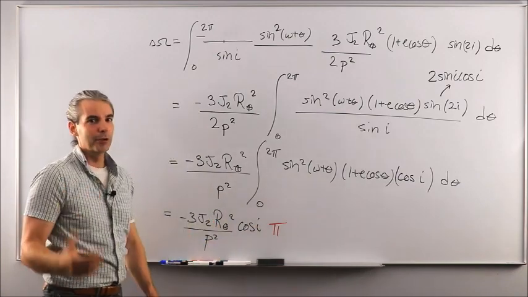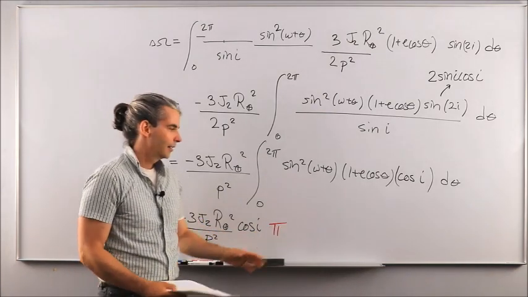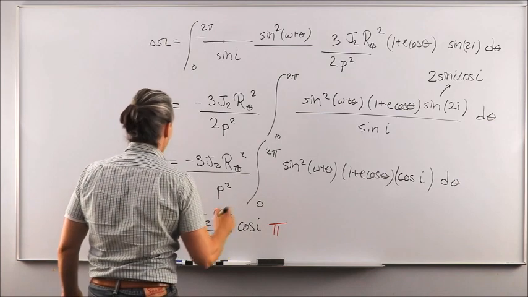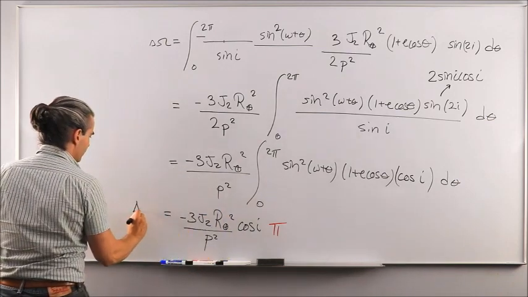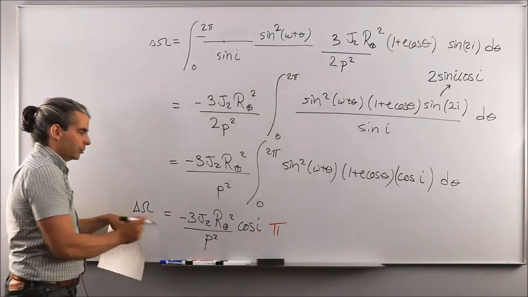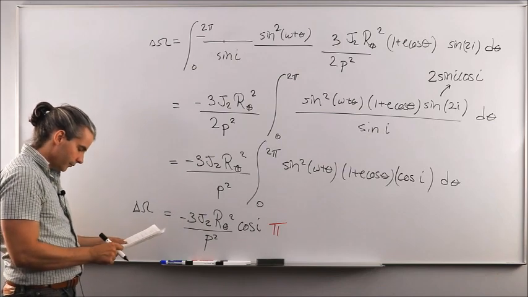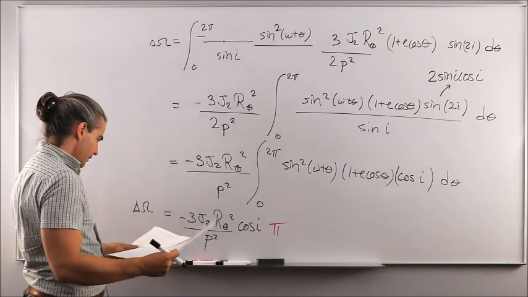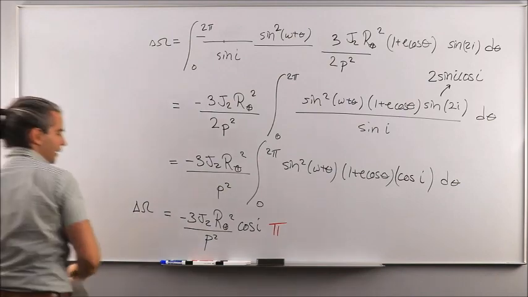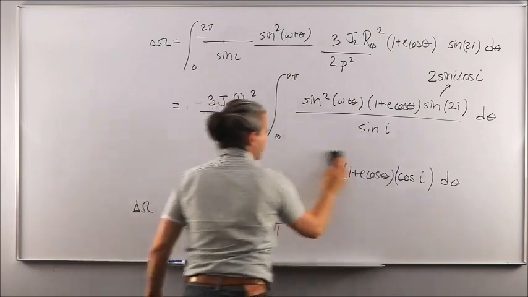And in an exam, don't worry, you'll never have to solve such a complex integral by hand. That would just be too much. But this is the result we end up with for the secular variation in RAAN due to the J2 perturbation, okay? Now with this, we can go one step further and look at the average rate of change in RAAN due to J2.